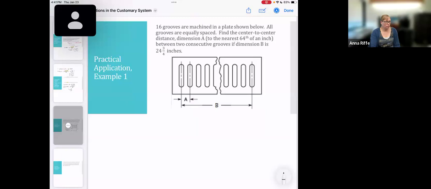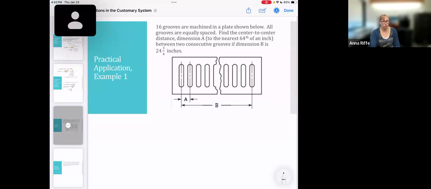Now this one is kind of an example of thinking mathematically. In applications like this, I find it helpful to think about 2 things. First of all, what are the quantities given? And second, what are the mathematical operations that we need to answer the question in the problem? So this setup says there are 16 grooves that are machined on a plate as shown below.